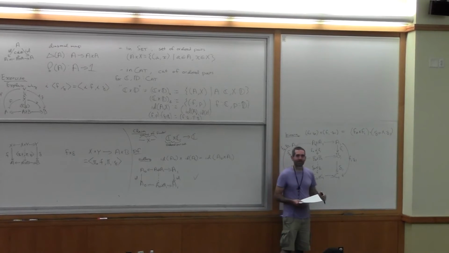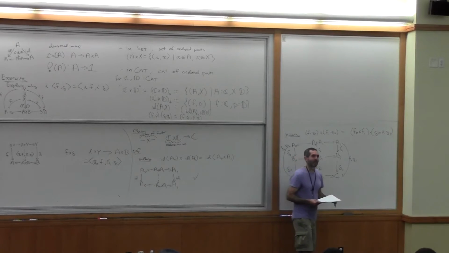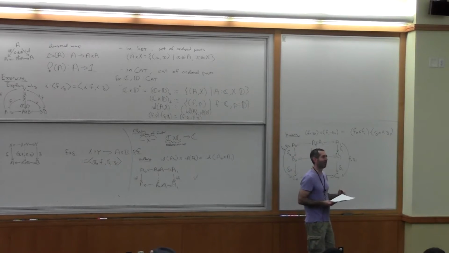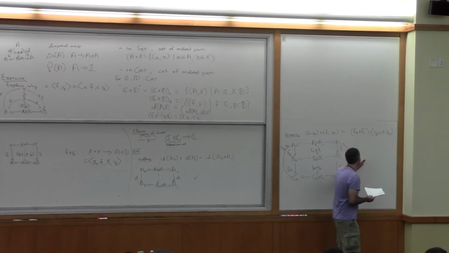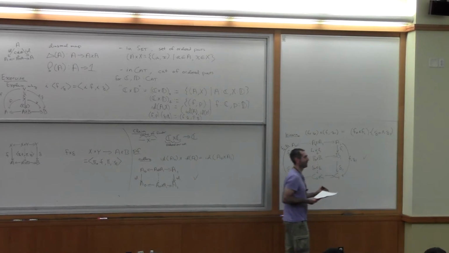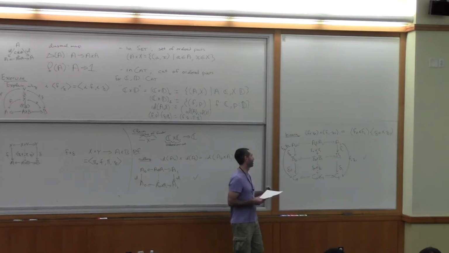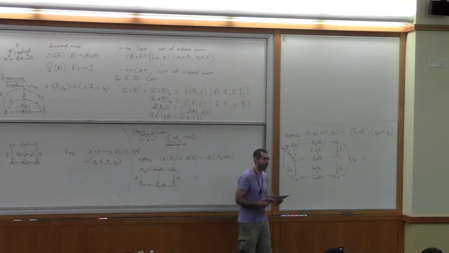Okay, did that make sense? If not totally, then think about it offline, and if it doesn't make sense, you can ask me later. But the point is, you just use all of the properties you have at hand, and you see by uniqueness that the things have to coincide.